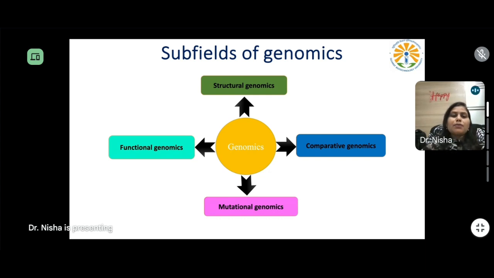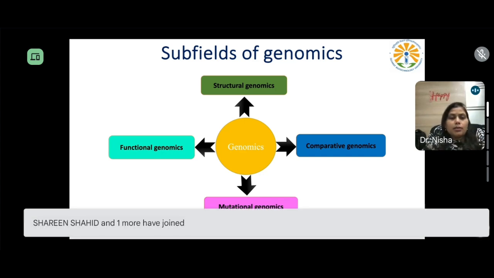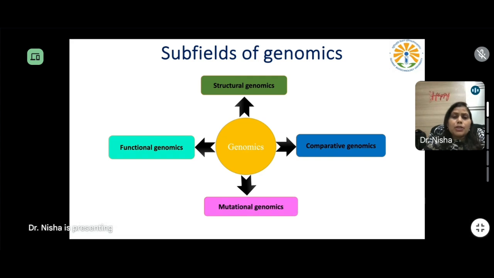Then functional genomics, in which we generally deal with the functional validation of a particular gene, and this we generally perform with cloning and CRISPR. And structural genomics pertains to the structural information of a particular gene and how structurally genes are close together and diverse. All this information we can fetch through the structural genomics aspect.